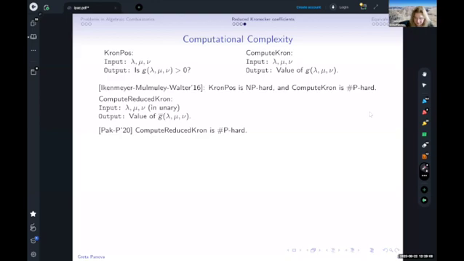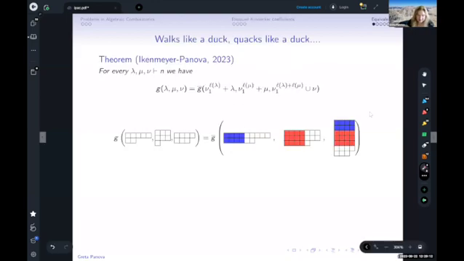Okay, so it turns out that there is a reason we have all the similarities between the ordinary Kronecker and the reduced Kronecker coefficients in terms of their behavior. And this is this formula. For every 3 partitions, we take the Kronecker coefficient, and we can make another 3 partitions such that this Kronecker coefficient is equal to the reduced Kronecker coefficient here.